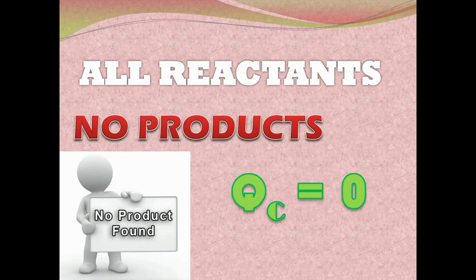So Q sub C is equal to 0. But if I have all reactants and no products, I know the reaction is going to go forward. I don't have any other option. It's going to go forward.